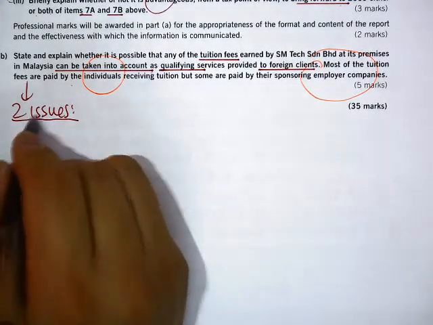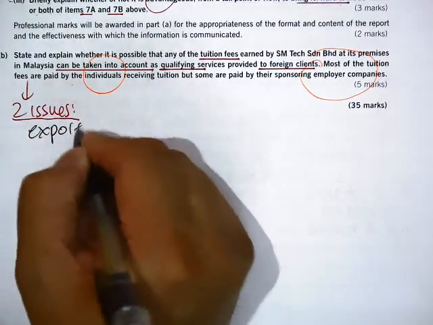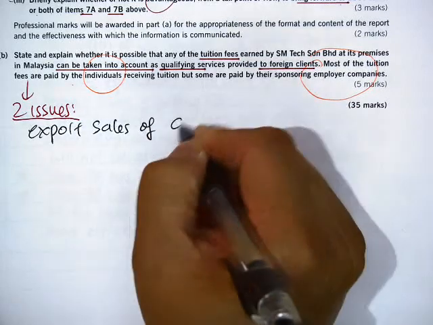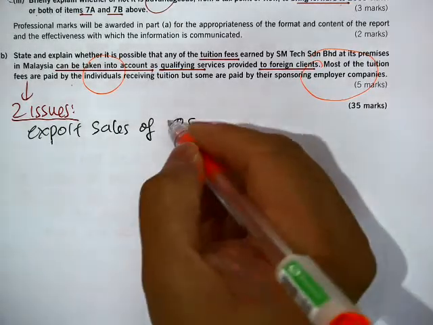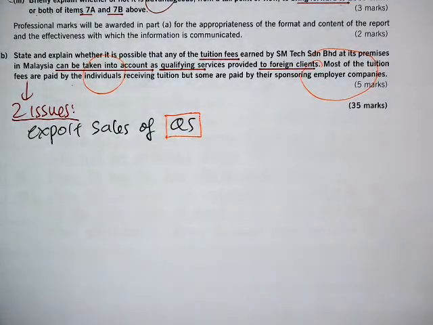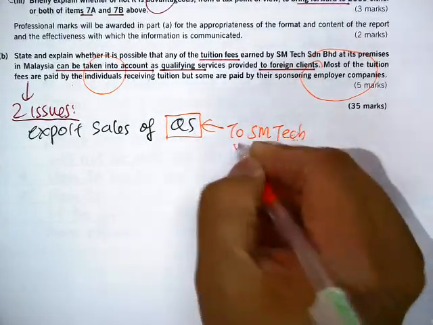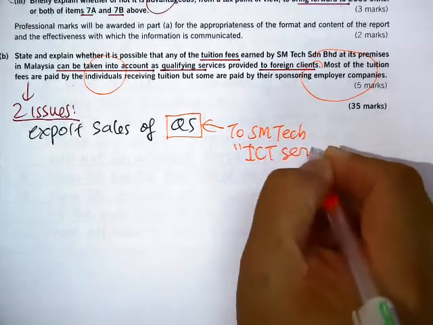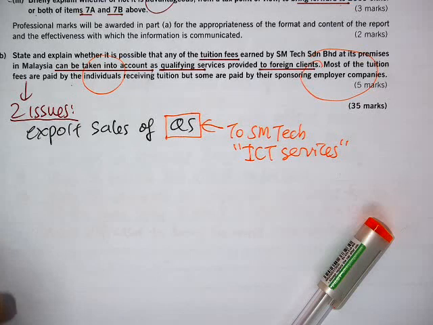See, you can only qualify for the exemption if this is an export sales of qualifying service. Okay, and what qualifying service are we referring to in this case? Now right now they are saying service in the sense of ICT service to SM Tech, okay, is ICT service.